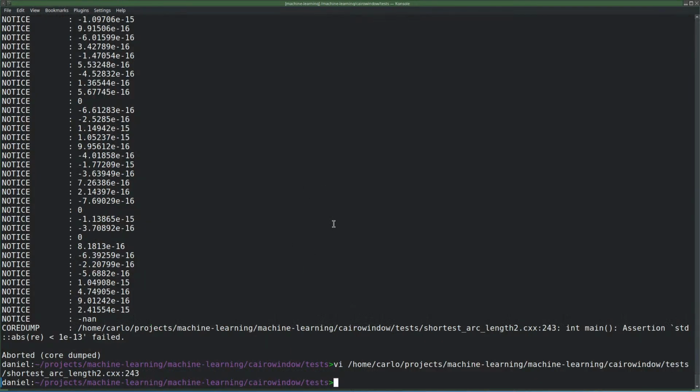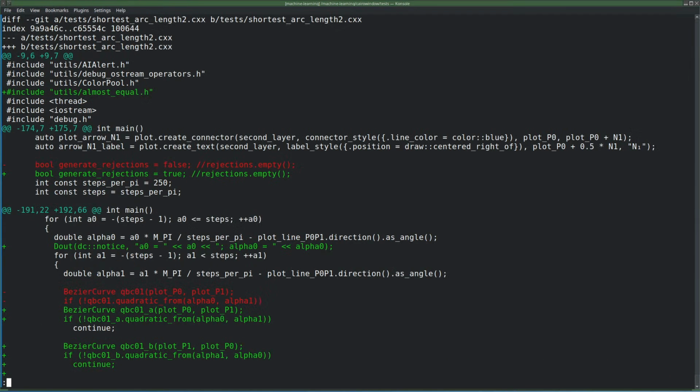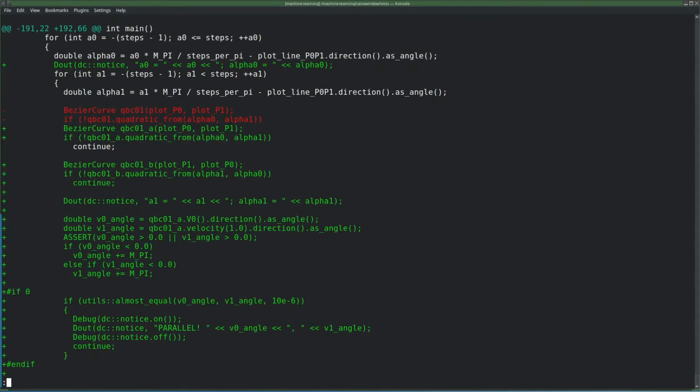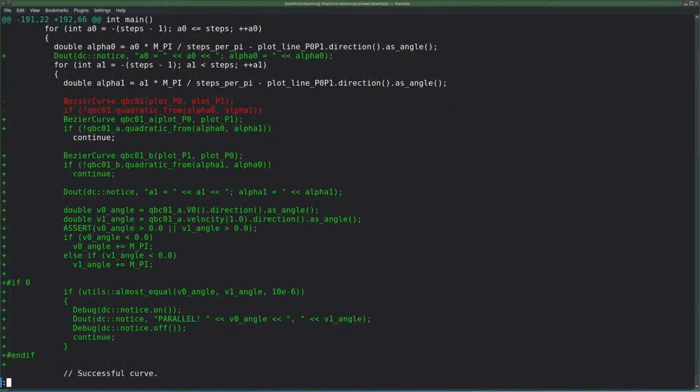Let's get rid of all of this. So swapping B0 and B1 and then swapping the angles. That's the same thing.